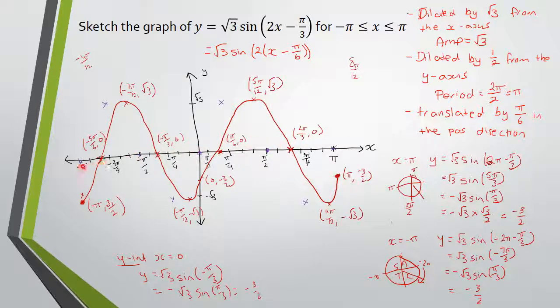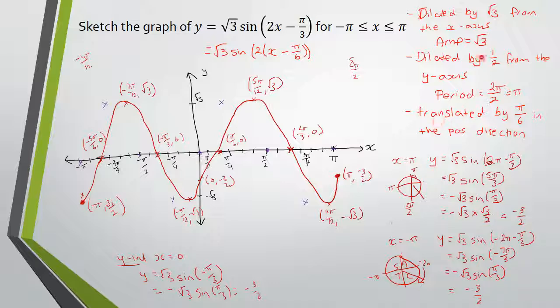Now a few things to note when we're talking about this. First of all, your shape should be a bit smoother than mine, so please take care. I'm sure when you're drawing on paper you'll be able to get a much smoother curve. The next thing to bear in mind is that quite often when sketching these graphs you might be specifically told not to give intercepts, because as you can see there is a lot of work.